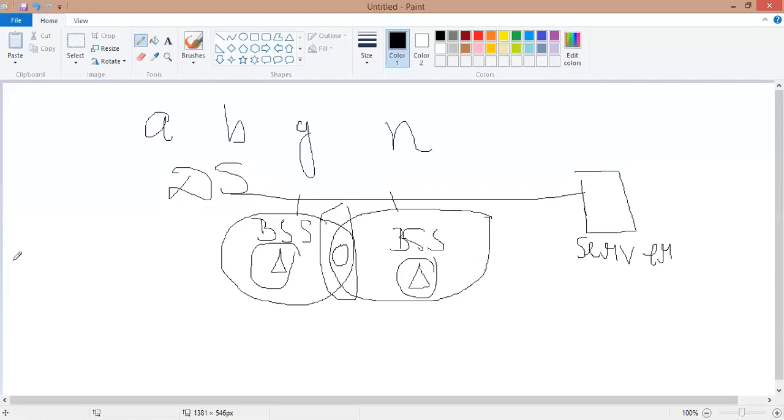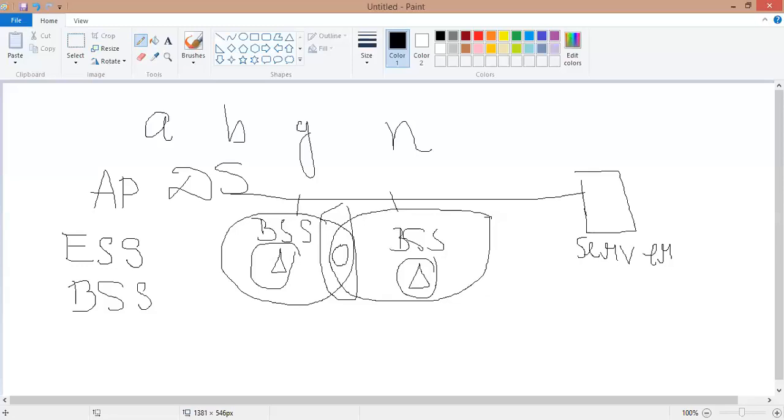Now, that means we have found the main concept behind WLAN, that is related to three components: ESS, extended service set, BSS, basic service set, and obviously, one most important thing, access point. These are the various components.